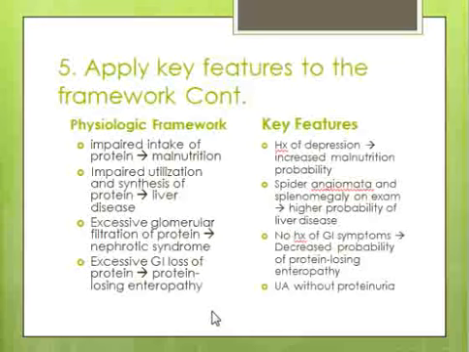So I have my framework, and now I need to be able to individualize it to my patient. Key features: my patient has a history of depression. Okay, well, could that be the cause, in that her malnutrition is so bad that she's not taking in enough protein? Okay, so there's potential there. How about the fact that I noticed splenomegaly on exam along with angiomata?